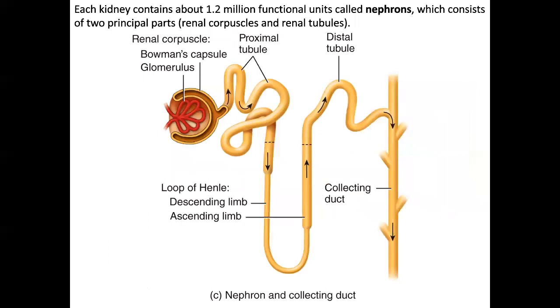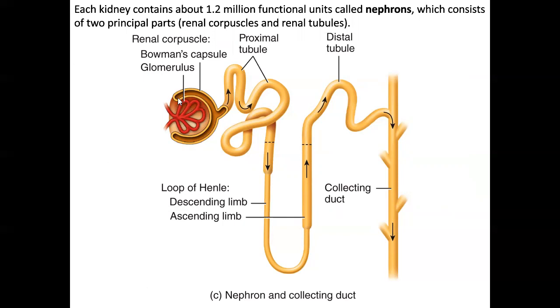All right, what we're going to do is just kind of introduce the anatomical parts of the kidneys that do the filtering of our blood if our kidneys are functioning correctly. These structures are called nephrons, and each kidney contains over 1 million of them. And they each consist of 2 principal parts, a renal corpuscle and a renal tubule. The renal corpuscle is shown here on the left side of the figure.